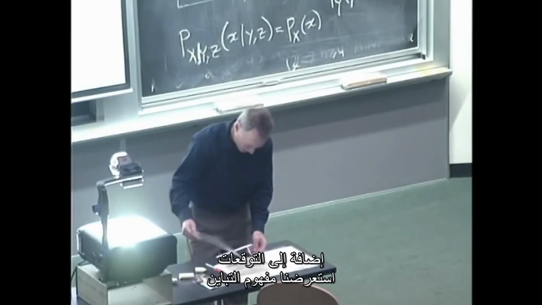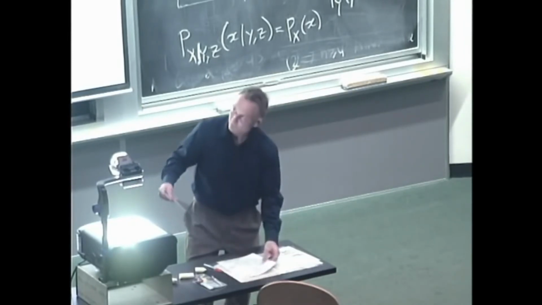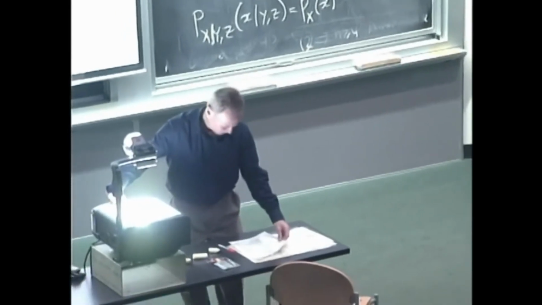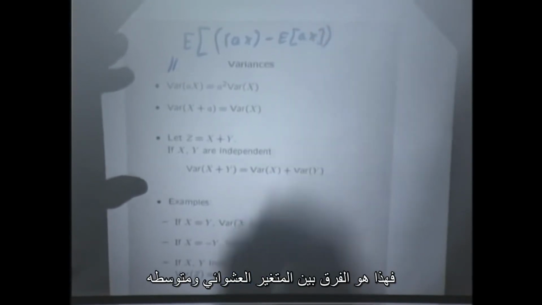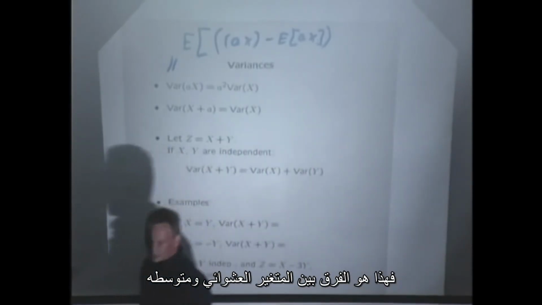Now, besides expectations, we also introduced the concept of the variance. And if you remember the definition of the variance, let me write down the formula for the variance of aX. It's the expected value of the random variable that we're looking at minus the expected value of the random variable that we're looking at. So this is the difference of the random variable from its mean.